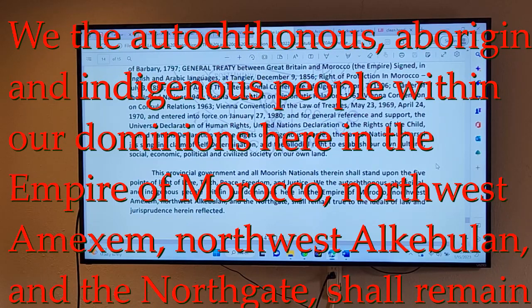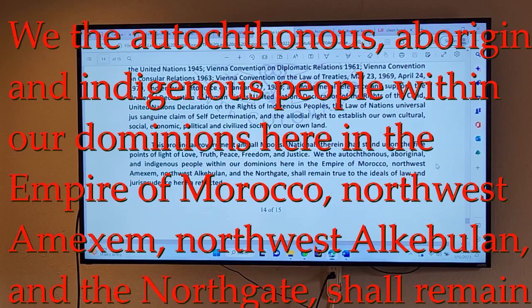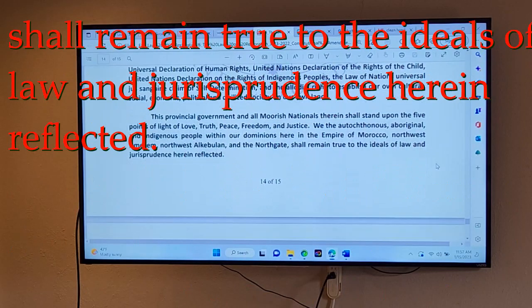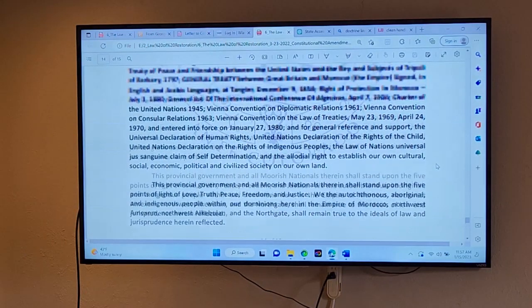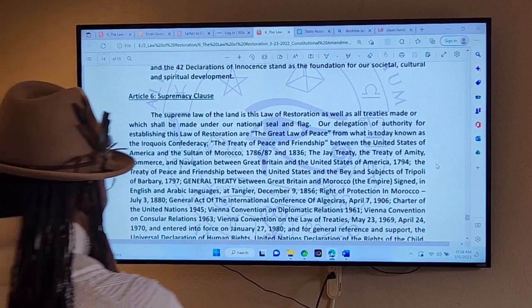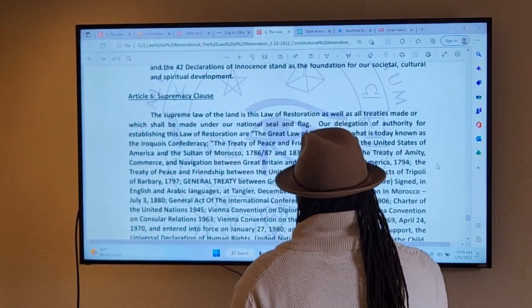We are the autochthonous, Aboriginal, and indigenous people within our dominions here in the Empire of Morocco, northwest of Mexico, and the North Gate shall remain true to the ideals of the law and jurisprudence herein reflected. Okay. So as you can see, Article 6 ties directly into the accession. And this is in the body of the Constitution.